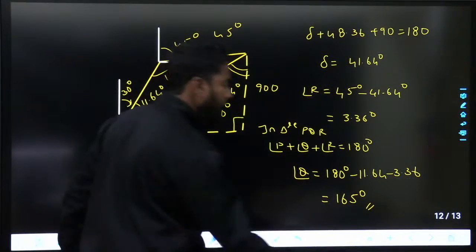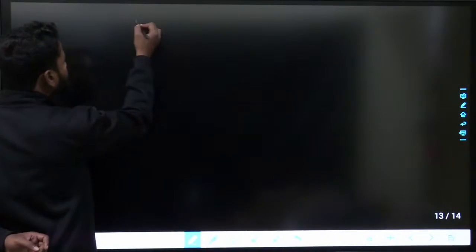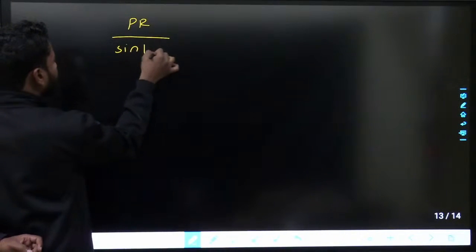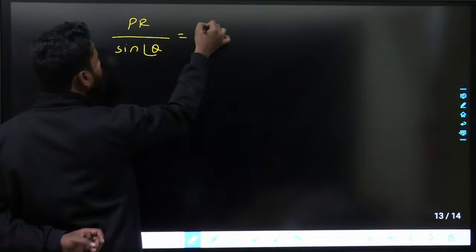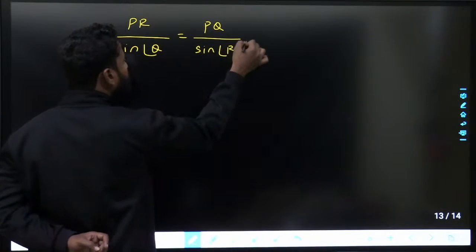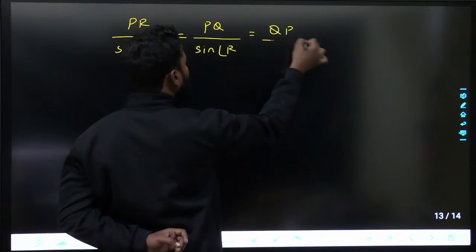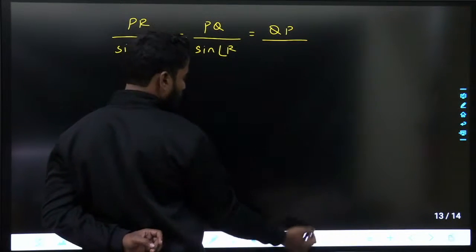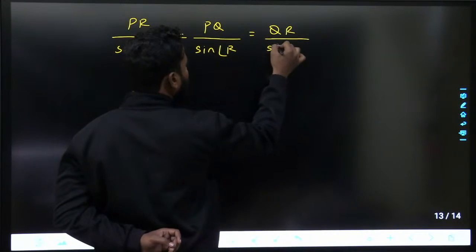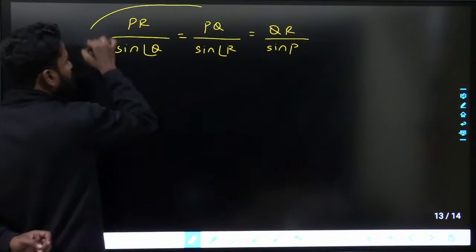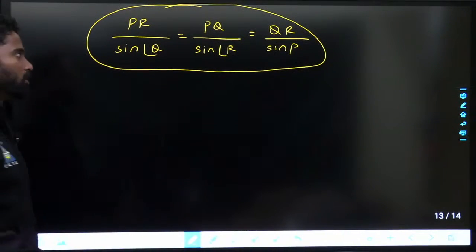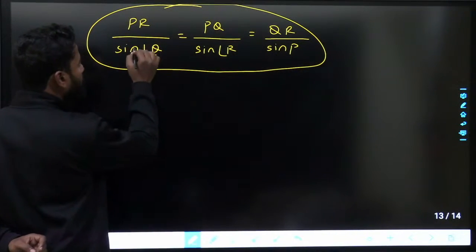Now apply the sine rule. What exactly is the sine rule? PR upon sine Q equals PQ upon sine R equals QR upon sine P. This is the sine rule. You might have learned it from your mathematics or engineering mechanics. So we know PR, right?